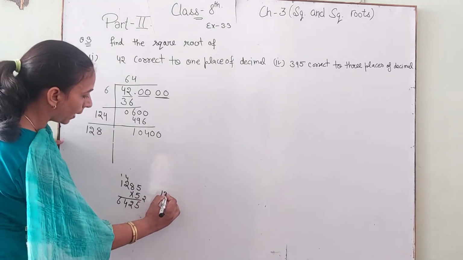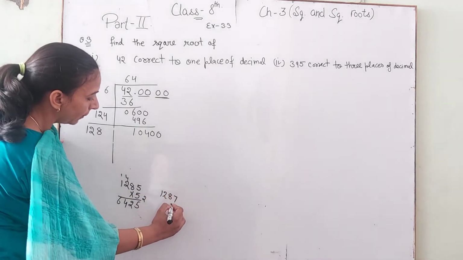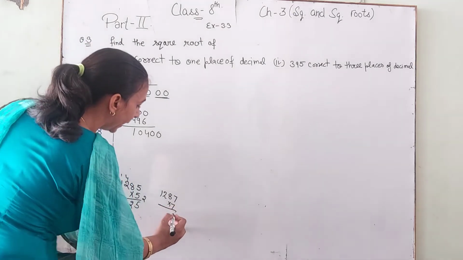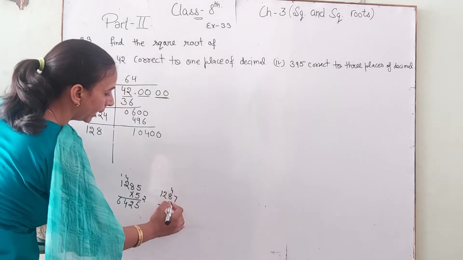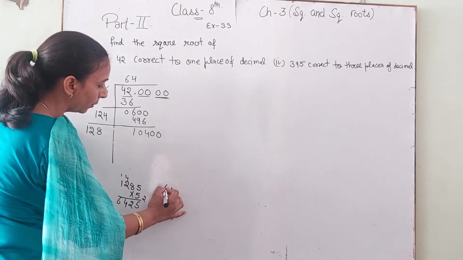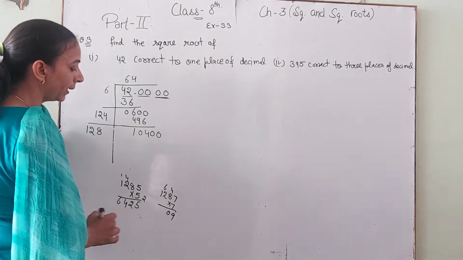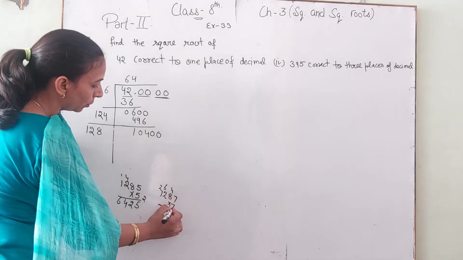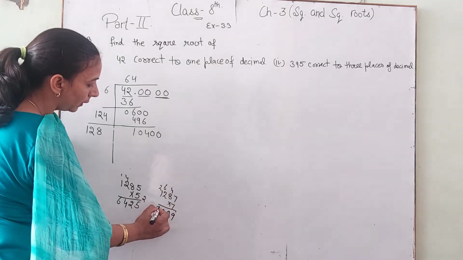Next we check 128 with 7. 7 7s are 49, 7 8s are 56, 7 2s are 14, and so on, and the result is 8,9... 9009.